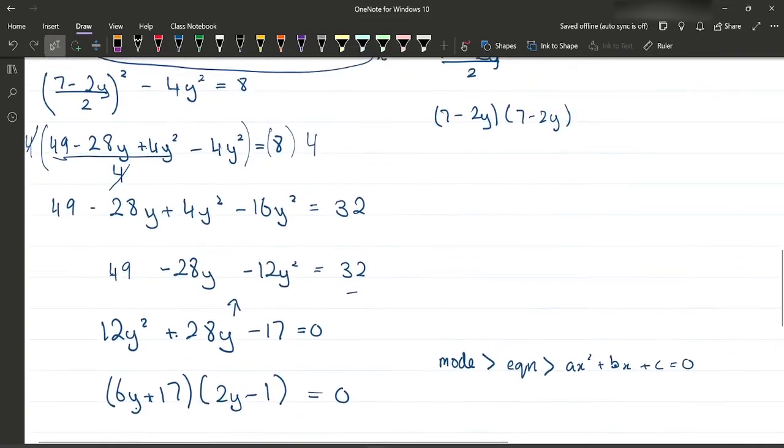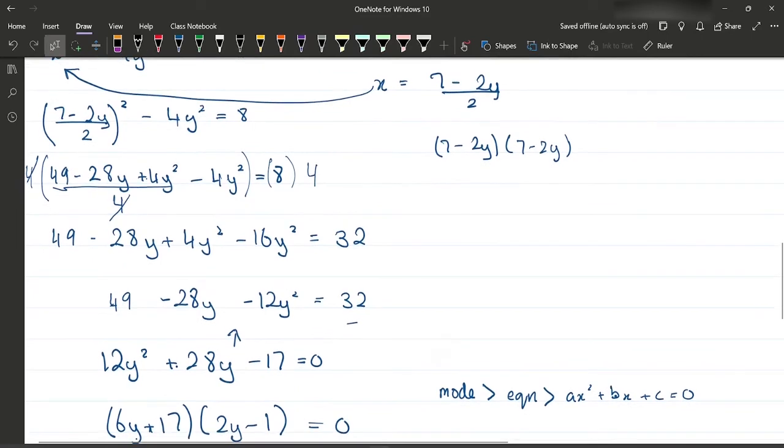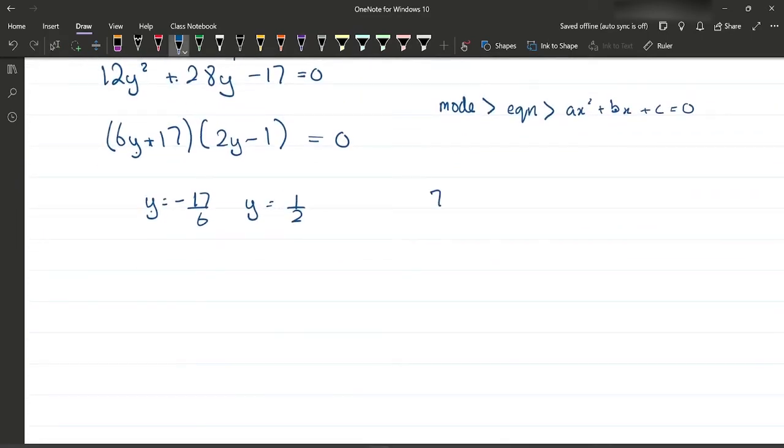Hold on. 7 minus 2y all over 2 is equal to x. So I'm going to quickly just use my calculator here. Okay, when y is equal to minus 17 over 6, x is equal to 19 over 3.